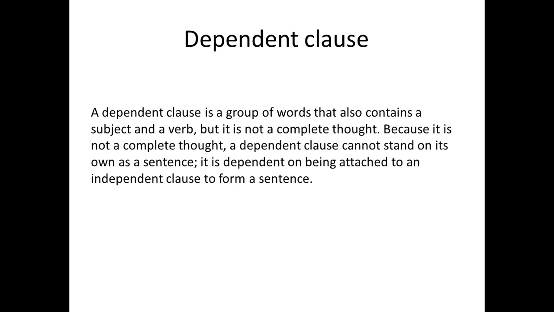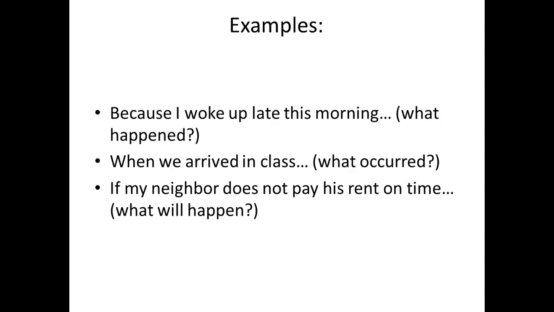It means it needs another sentence for its meaning. Its meaning is yet incomplete until and unless it is verified or given meaning with another sentence. Example is, because I woke up late this morning.